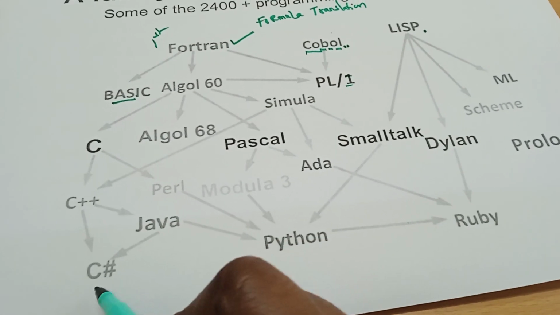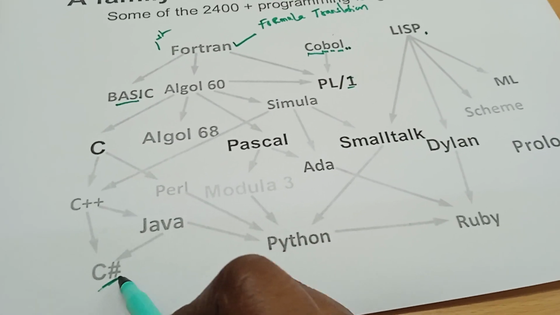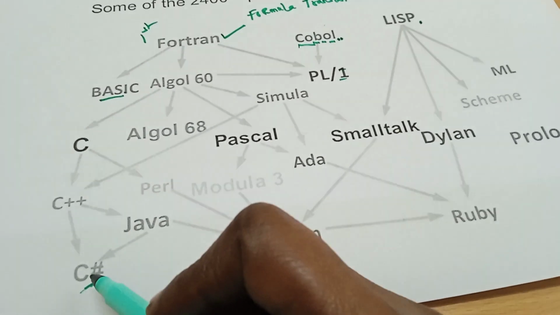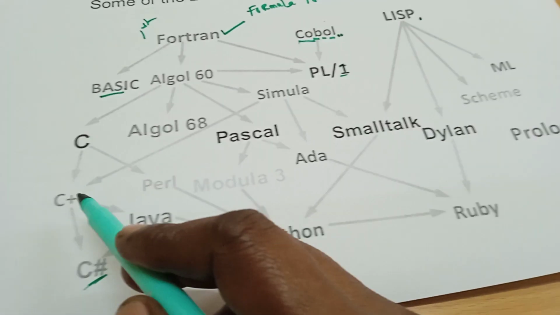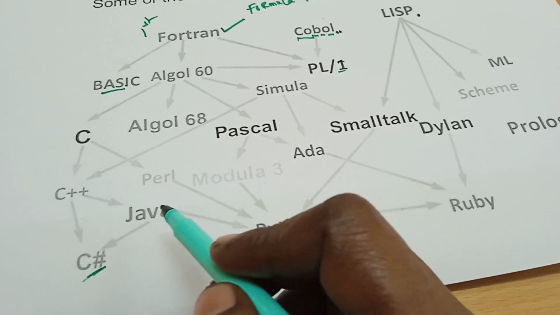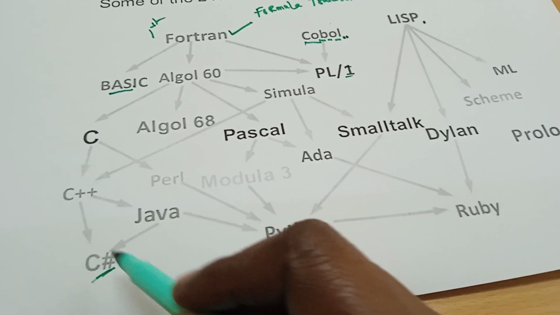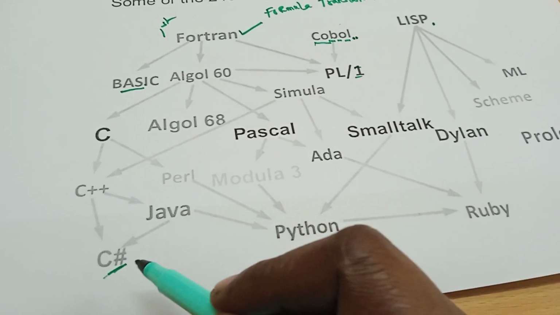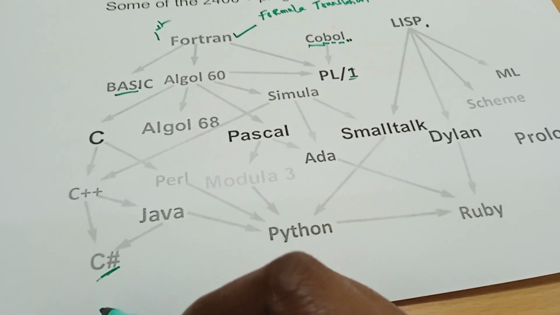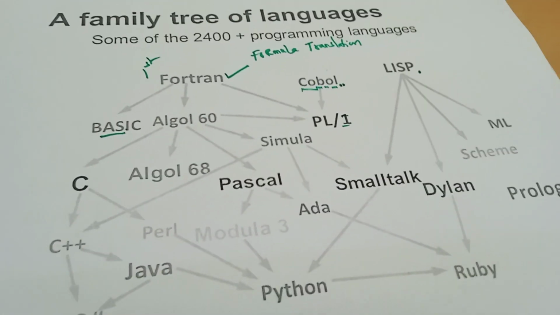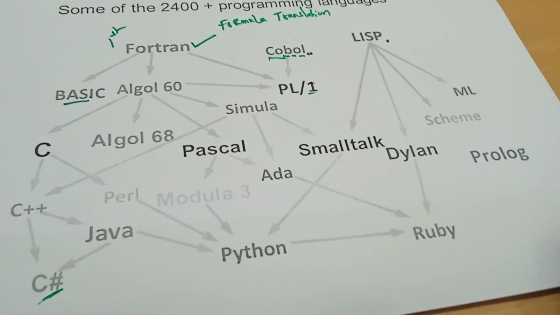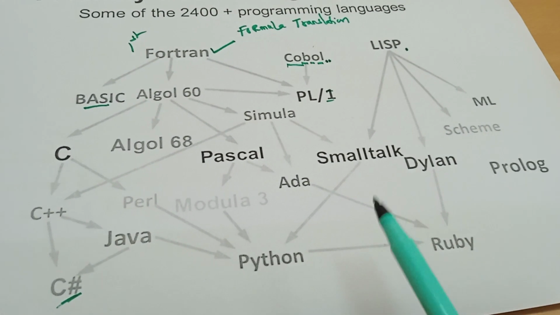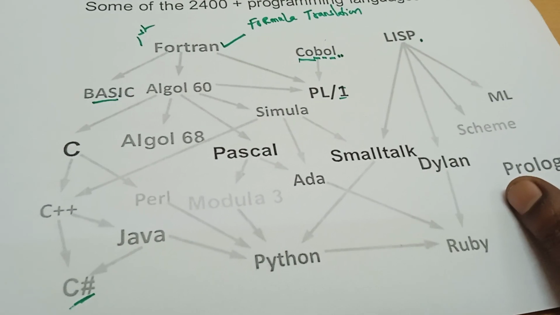Before we introduce a new language, a few features come from the older languages. So taking some features of C++ and Java, and adding them into C sharp, we give some additional features to C sharp also. So these are the general languages we are going to study in PPL. All these languages we are going to touch.